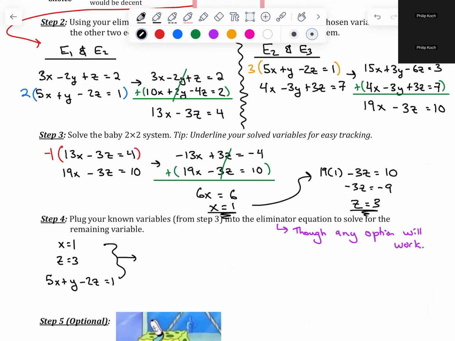Using this information, we've got 5 times 1 plus y minus 2 times 3 for z equals 1. That's going to be y minus 1 is equal to 1. That gives us y is equal to 2 because it's going to be 5 minus 6. That's minus 1. Add the 1 to the other side, you get y equals 2.